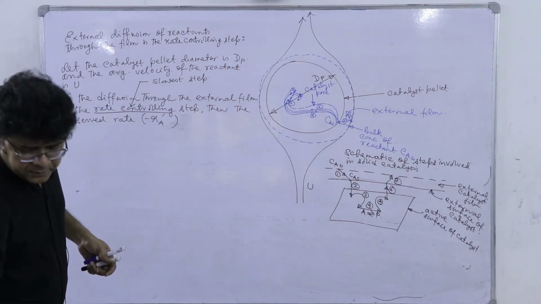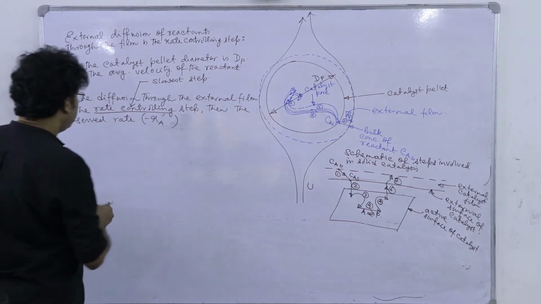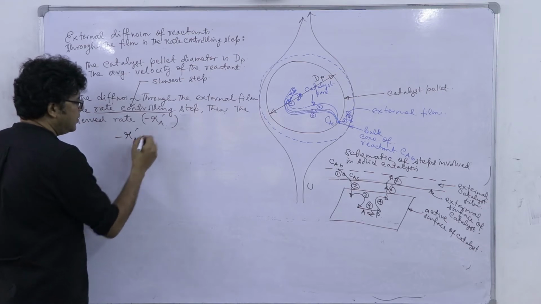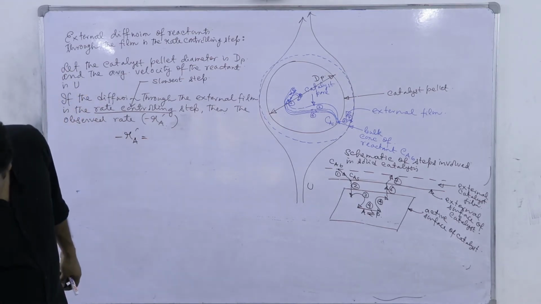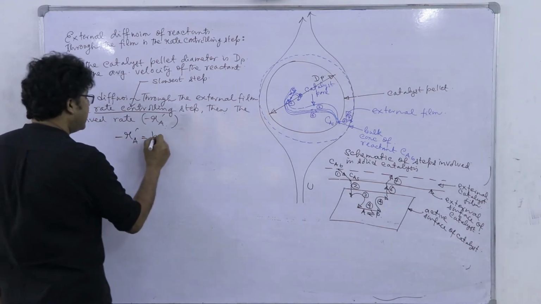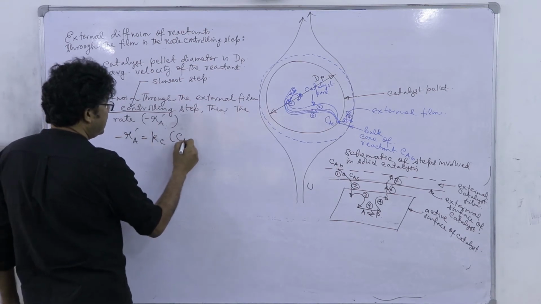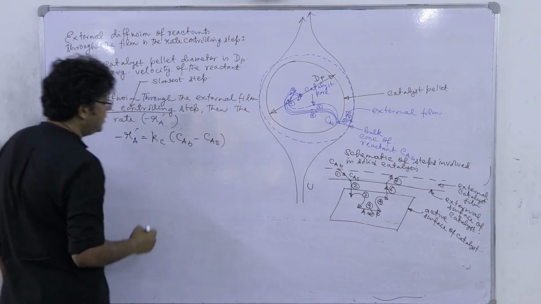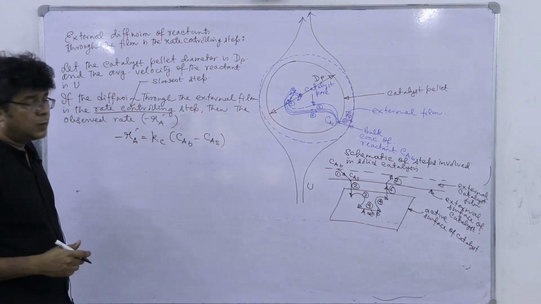So, you see that here we will have minus RA equals Kc into CAB minus CAS, right, where Kc is the mass transfer coefficient.